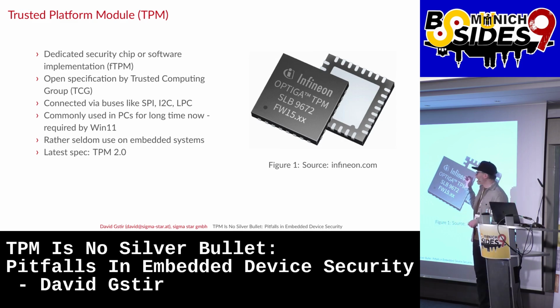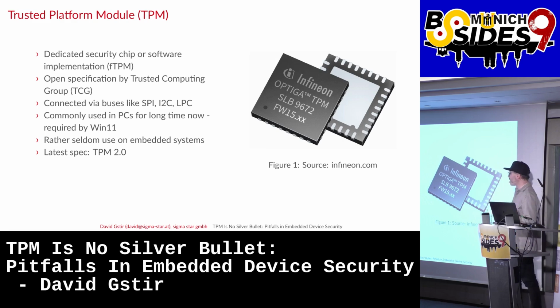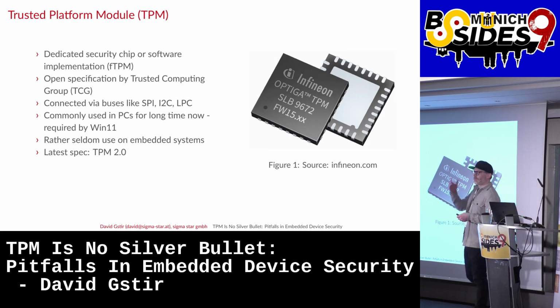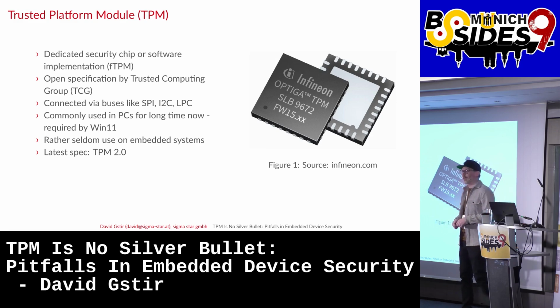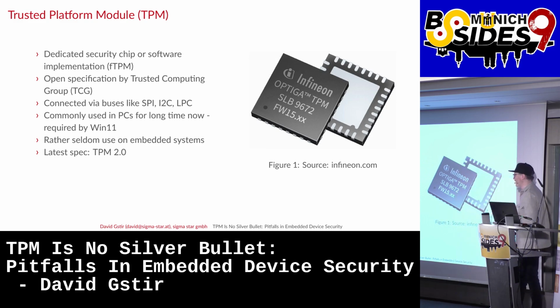There are more. There's an open specification by the Trusted Computing Group. We are now at version 2.0 of the TPM spec, and basically a modern Intel-based or AMD-based laptop, especially if you're running Windows, has one in there, and it is used by Windows, for example. But Linux also uses it.